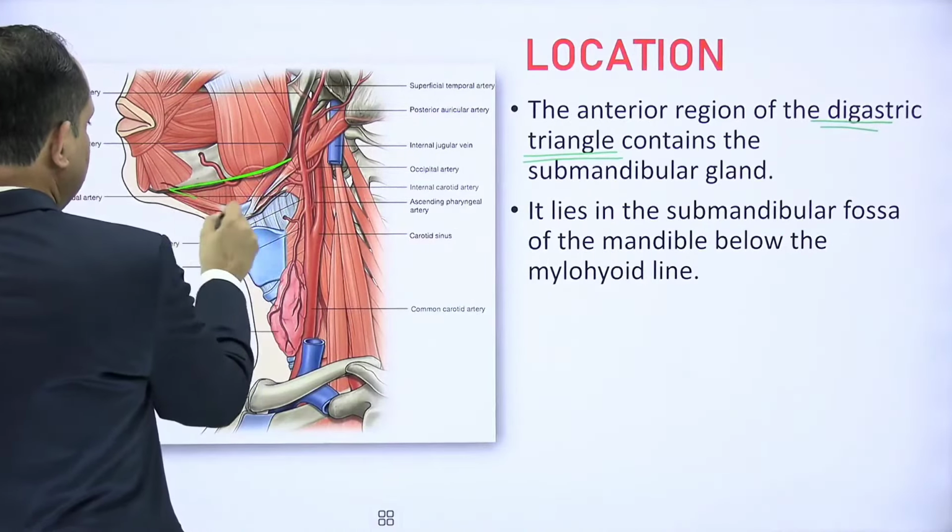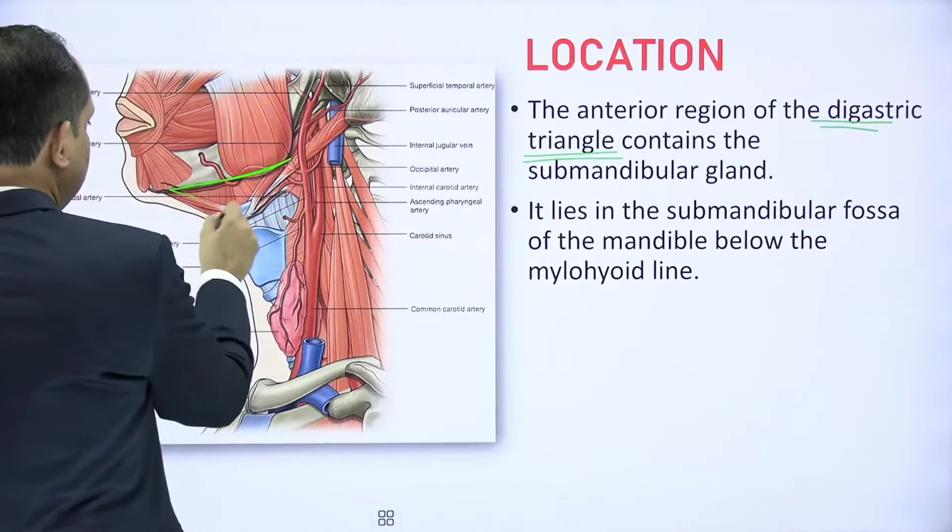Apart from that, the submandibular gland lies in the submandibular fossa of the mandible, below the mylohyoid line. In the mandible, this is the posterior view where you can see the mylohyoid line. Below the mylohyoid line is the submandibular fossa, and above it you have the sublingual fossa.